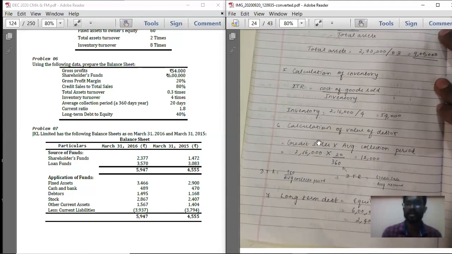If we have the average collection period, what is the formula? It is 360 divided by the debtors turnover ratio. What is the formula for debtors turnover ratio? Credit sales divided by average debtors, that is, average receivables.